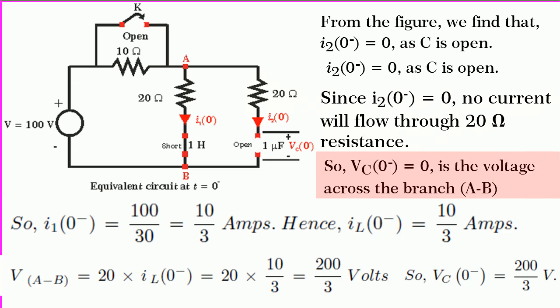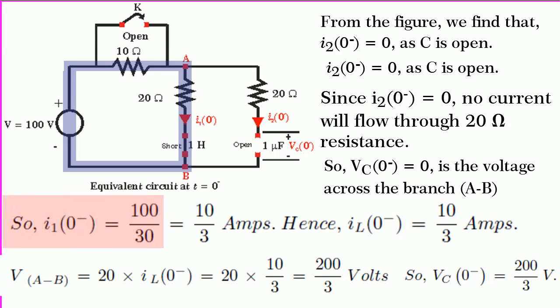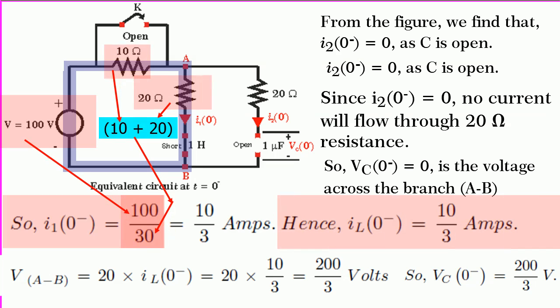Note that since I2(0-) is equal to 0, no current will flow through this 20 ohm resistance. Therefore, you find that Vc(0-) is the voltage across the branch AB. Friends, such thinking should reflect immediately in your mind. To find I1(0-), let us look at the closed loop from which we find that I1(0-) is equal to 100 divided by 10 plus 20, which will give us 10 divided by 3 amperes.